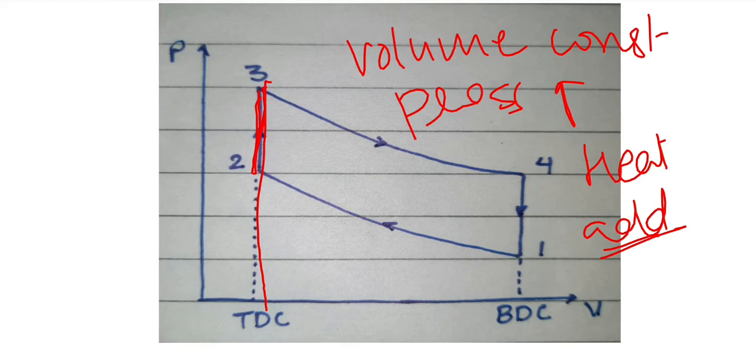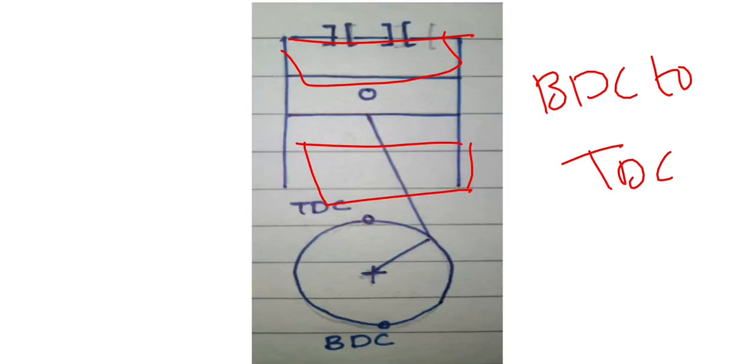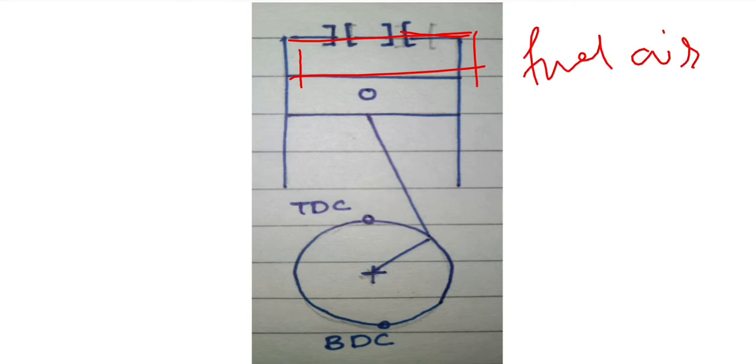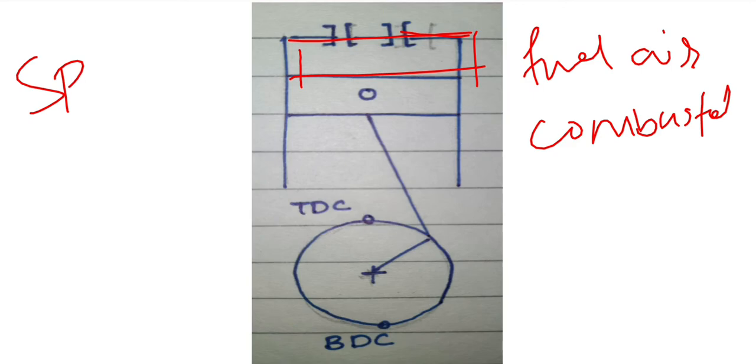The addition of heat means the ignition of the fuel. When the piston is at the top dead center, the fuel and air mixture is combusted by the spark ignition.